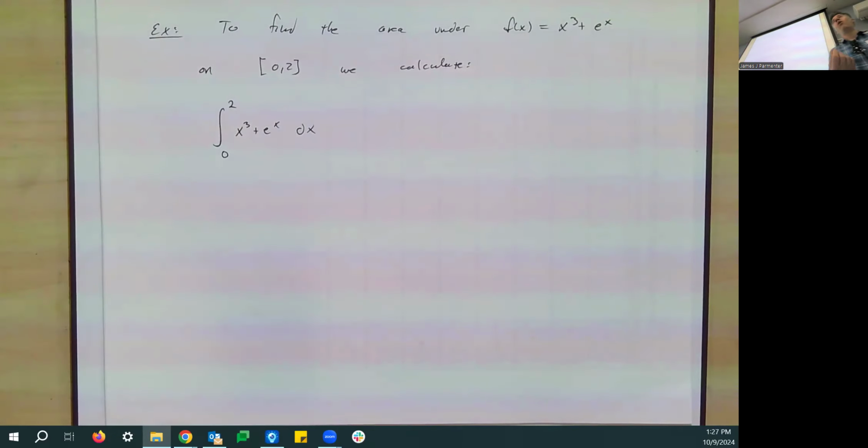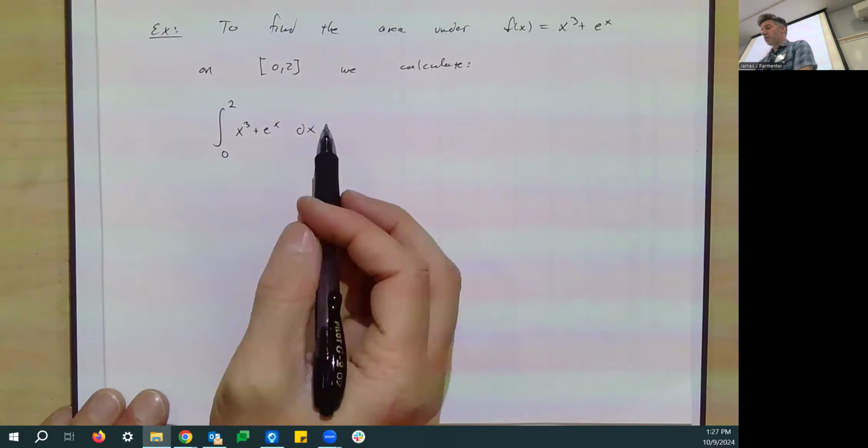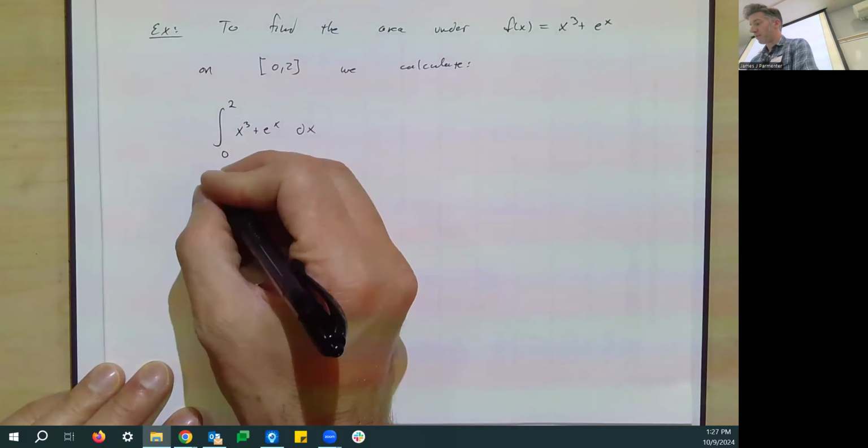This, by the way, is why we use this long S symbol both for the area under the curve and for the antiderivative, because they're very intimately related to each other. Finding the area under the curve, we do by taking the antiderivative and then plugging in the endpoints. So it makes sense to use this notation for area under the curve.